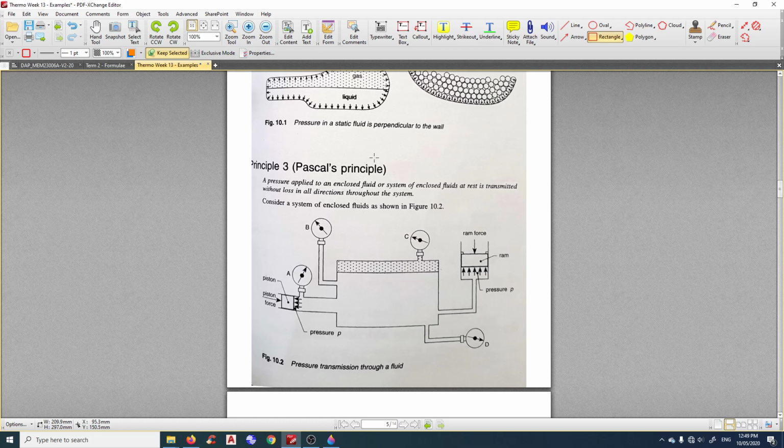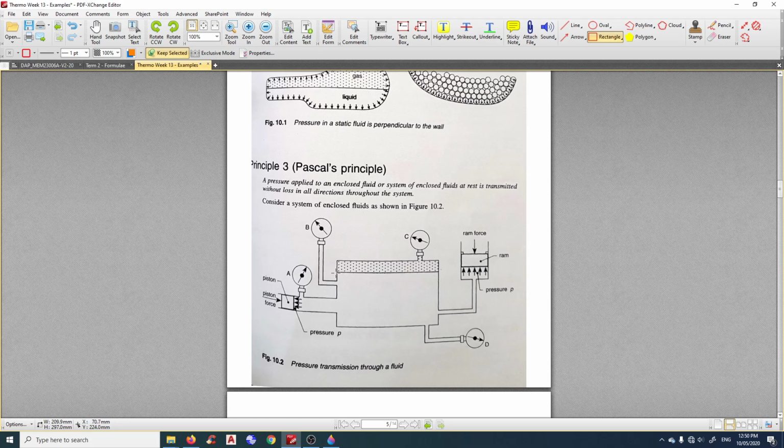So you have a pressure pump, you've got oil, and the pump pressurizes the oil, and the oil moves the fork. So what we can see here is, if you have a piston or a pump exerting a pressure in the closed system, then the same pressure will be transmitted without loss in all directions throughout the system.